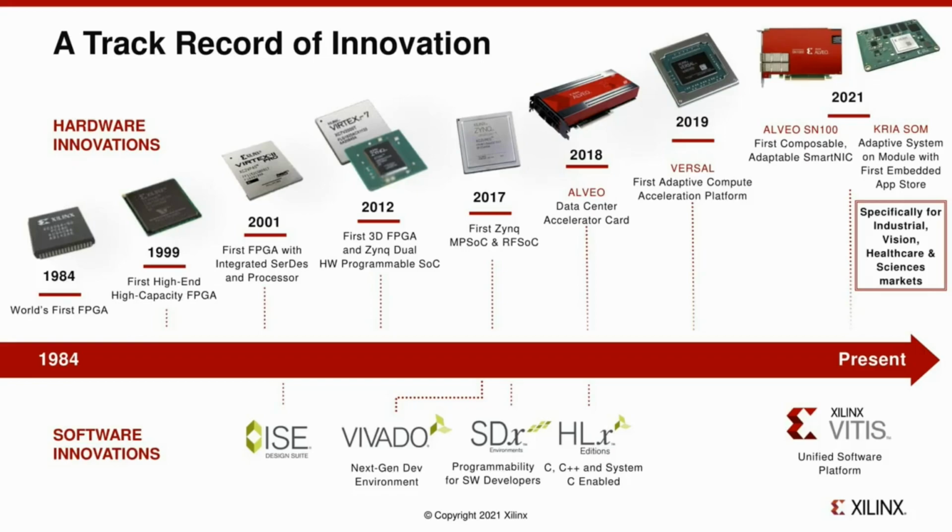We did not have any processing core inside the chip. In 2001, we introduced our first FPGA which has integrated SerDes and also a PowerPC. This was called the Virtex-II Pro. In 2001, this was a very famous FPGA, and a lot of designs were done based on this. But still, it did not have a full system on chip to make a processor usable by many applications.